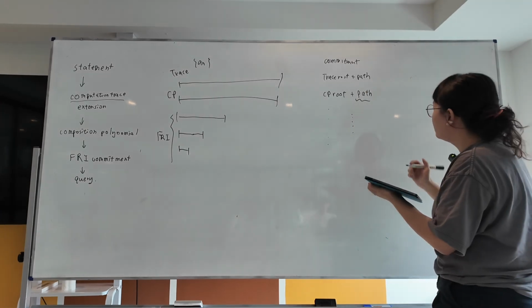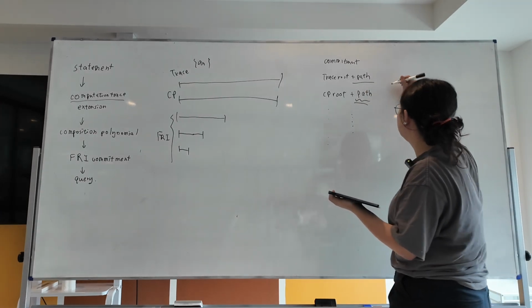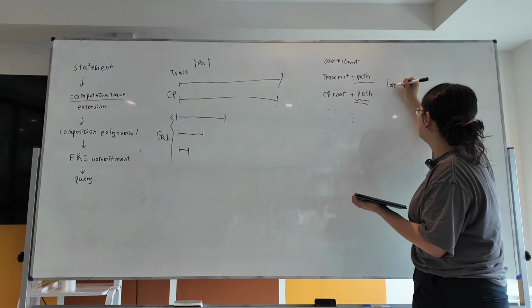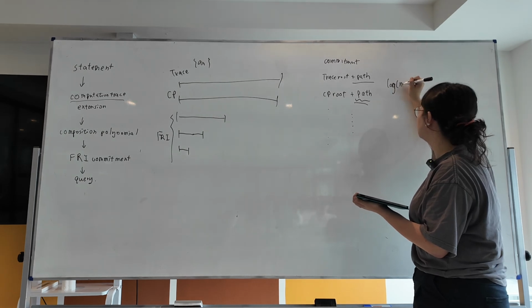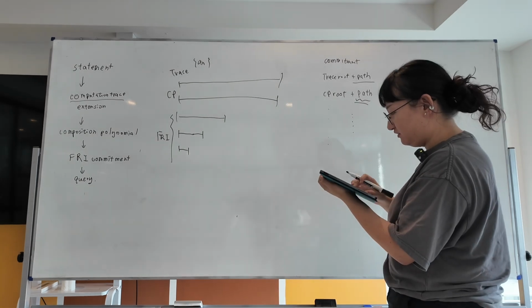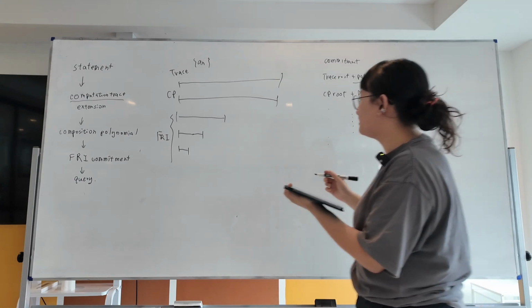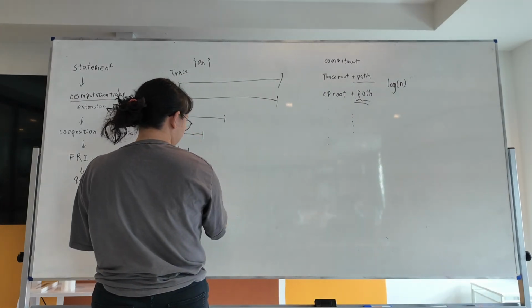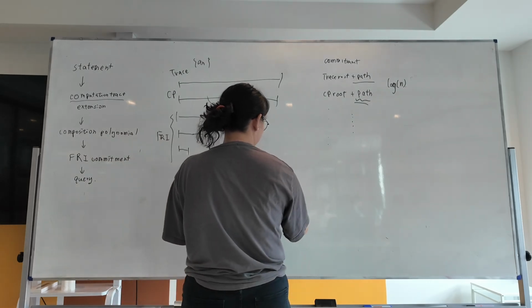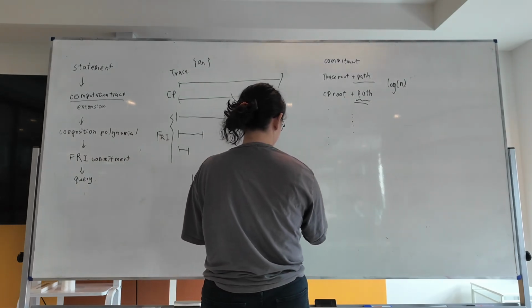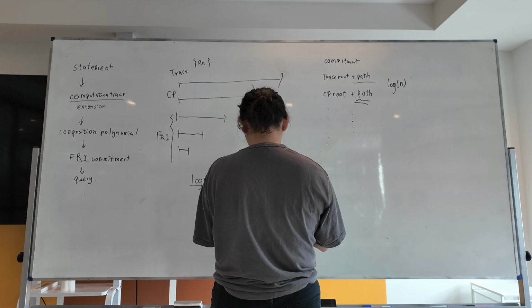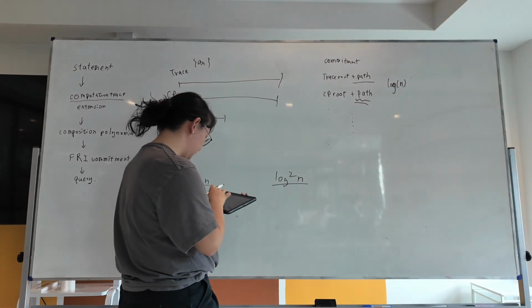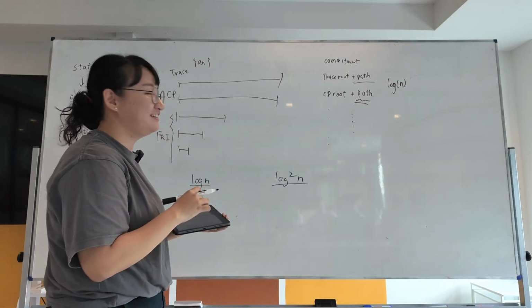Okay, and the computation of a Merkle tree path is log n complexity, and the trace size we need to compute is also log n. So together we will have log squared n complexity. Okay, and I think that's it.